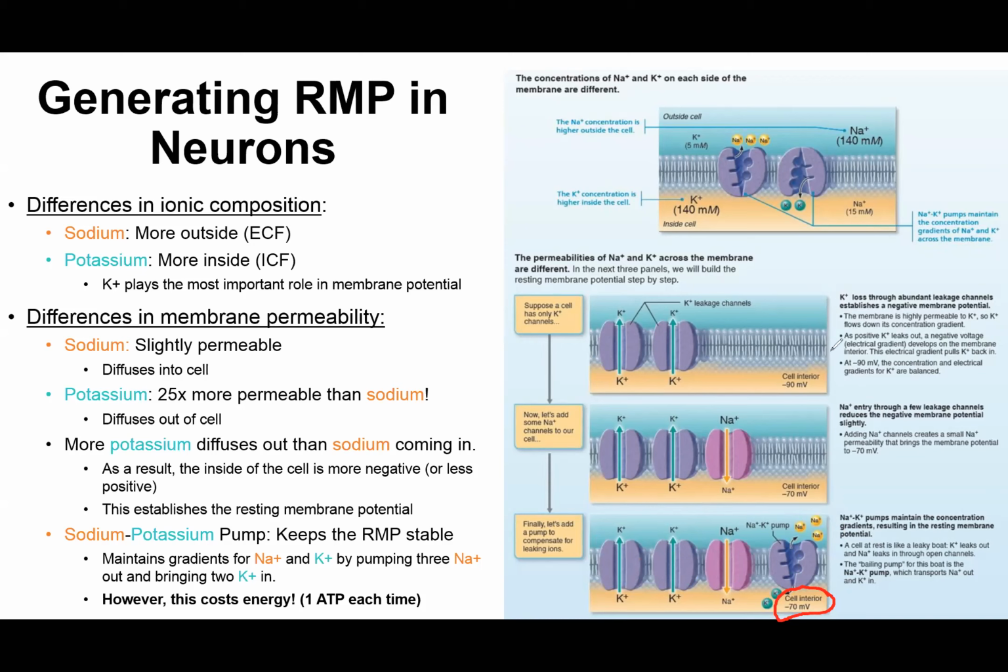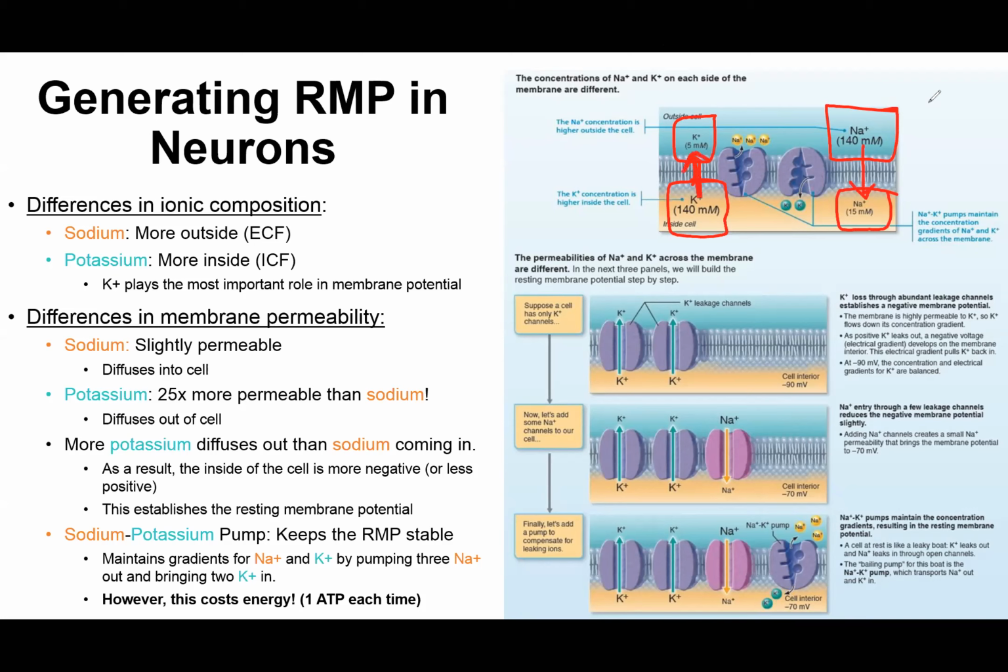But let's consider one more thing before we move on. Remember up here how I said that sodium is really high outside the cell and really low inside, and potassium is really low outside and really high inside? Let's look at the direction that the sodium potassium pump is pumping things. Normally, if we're talking diffusion, things are going to flow down their concentration gradients, right? So from high to low.